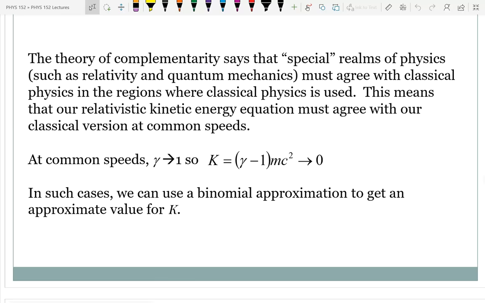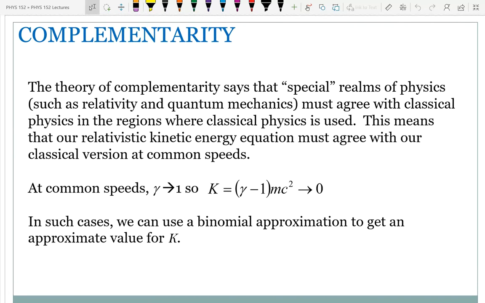So a reminder about complementarity. I believe we've already seen complementarity once, I think. Complementarity is a rule we invoke when we come up with some new crazy physics that's different than the old physics. And the theory of complementarity says, if I have some new novel physics theory, it better agree with my conventional classical physics in the classical realm.